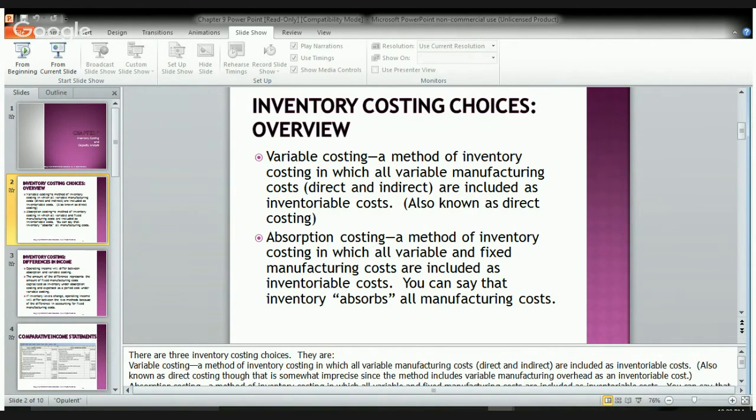So my adjustment for the production variance. Now, how did I come up with that? It equals the budgeted fixed manufacturing cost minus the fixed manufacturing overhead allocated using budgeted cost per unit output.